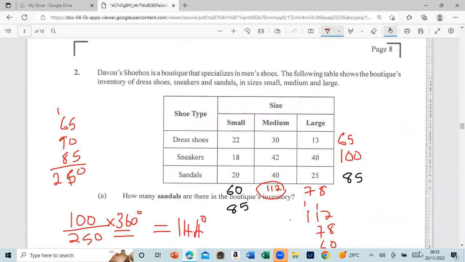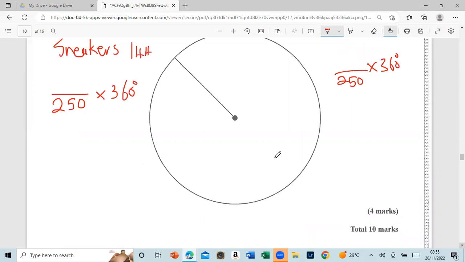All right, so we have 65 and 85. So it's 65 and 85. 65, correct, okay. So I'm going to say 165, 185. Again, you're going to use a calculator. So the one for 65, say 65 divided by 250 times 360. That works out to 93.6.